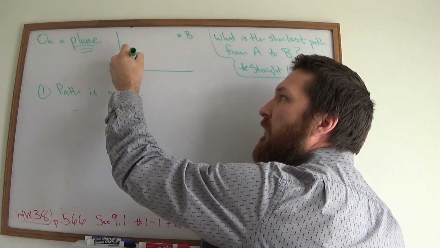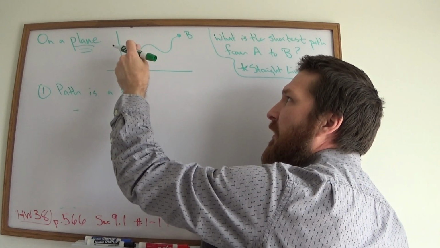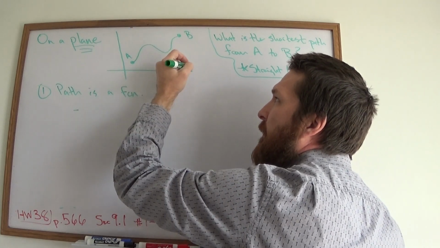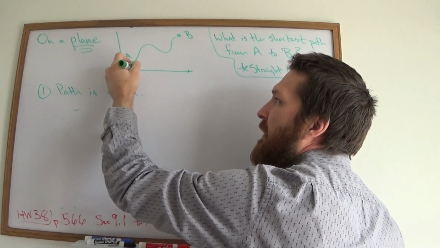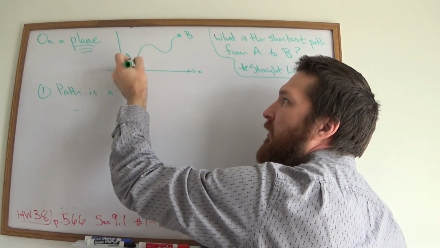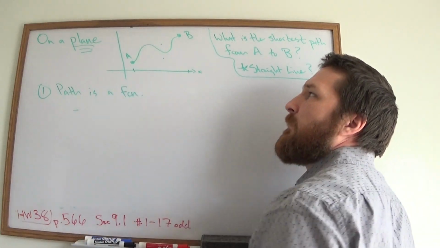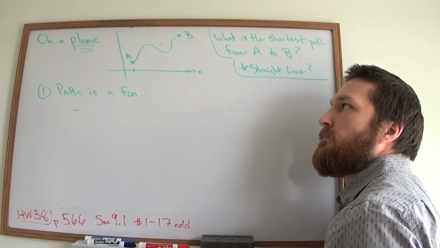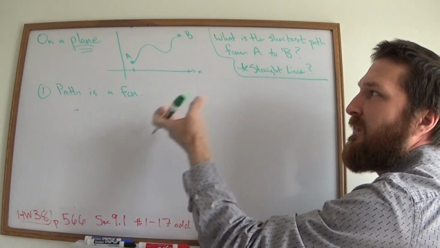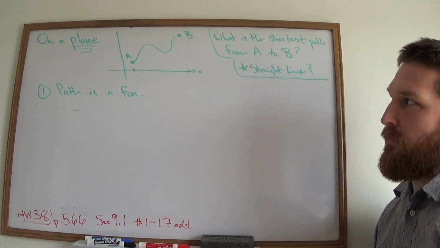If you're going from A to B, you can't have 2 outputs. If we think about this as my x input axis, at any point along here, I don't care which path you took, you can't be at 2 simultaneous places in the y direction. So that's a pretty reasonable assumption that the path itself is going to be a function.